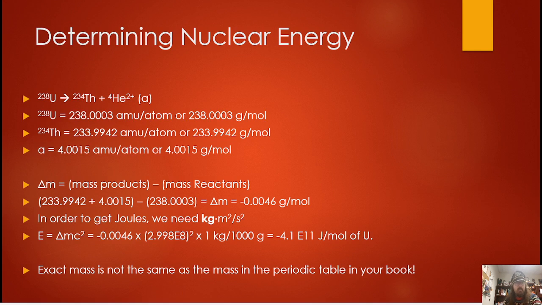But so, for example, in the nuclear reaction where uranium-238 decays to thorium-234 and an alpha particle, if we look at the mass, uranium-238 is actually 238.0003. That thorium is not 234, but 233.9942.